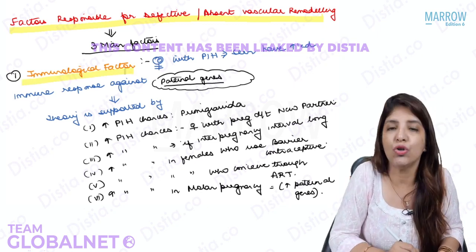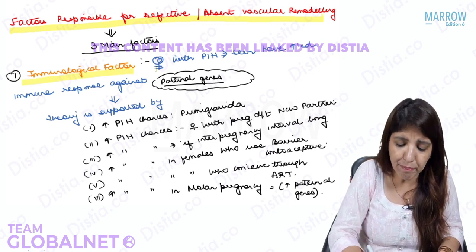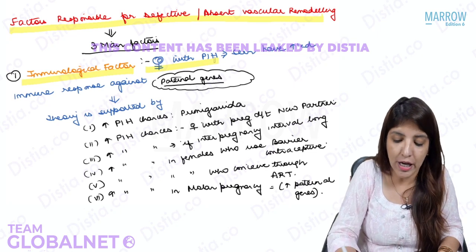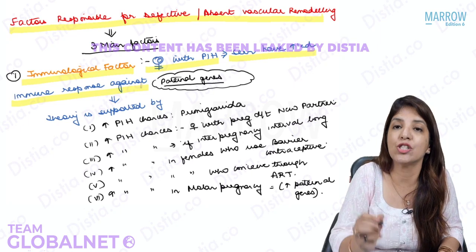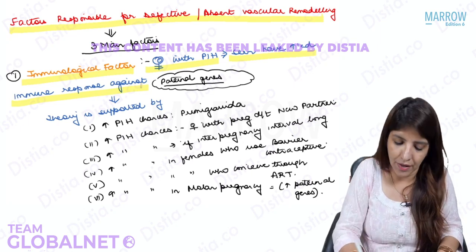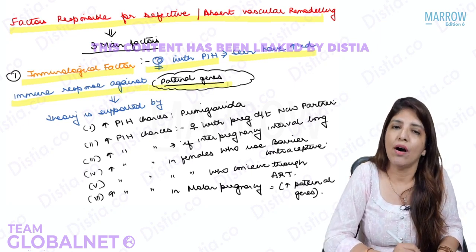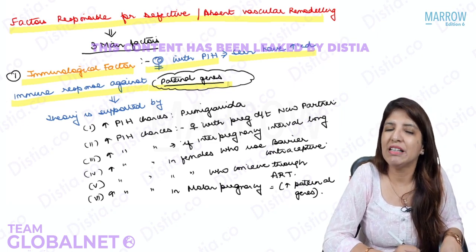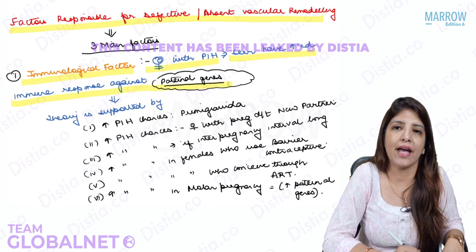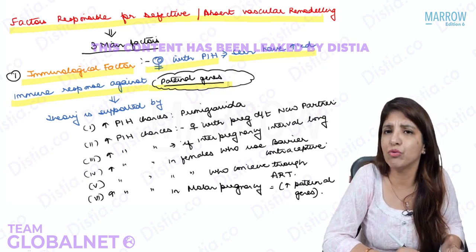Number one is the immunological factor. See, pregnant females with PIH, it is seen that they have increased immune response against paternal genes, right? Now, how did we come to this theory?